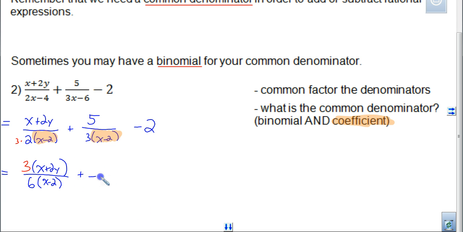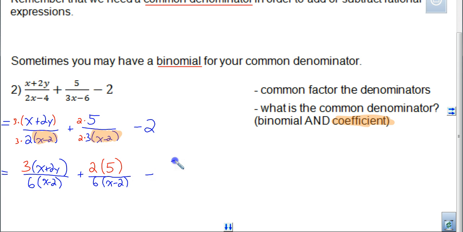For the next expression, I had 3 times x minus 2, so if I want to change that to 6 times x minus 2, that denominator would have to be multiplied by 2, so the numerator would also have to be multiplied by 2. Just remember, if I'm going to show that I'm multiplying the denominator by 2, I would have to show the same thing in the numerator as well, just for communication, so I'll correct that.